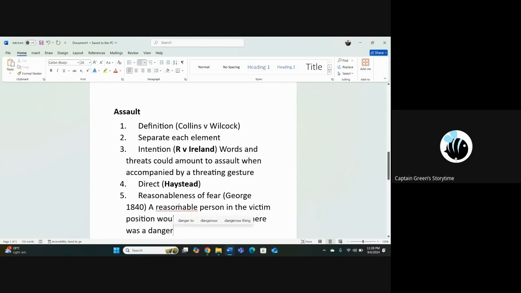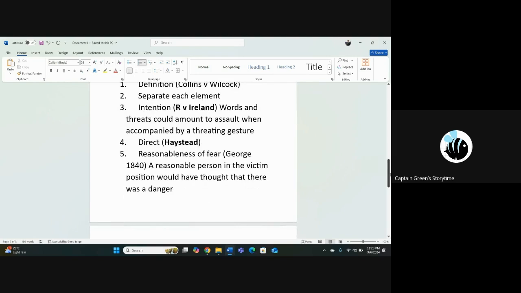Okay. Use this case and apply the facts: whether instead of person B, another reasonable person was there, he would also have thought that person A is attacking me and there is a danger of me being attacked. Okay. Use this case 1840.